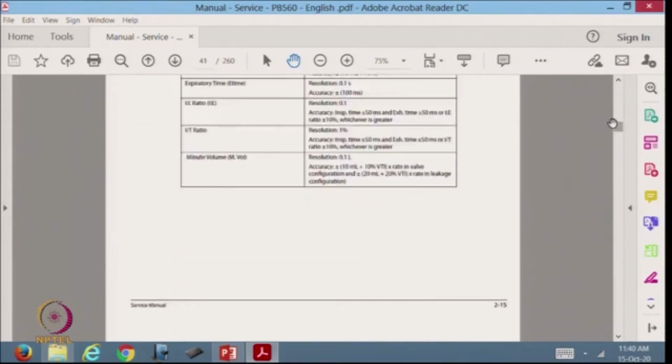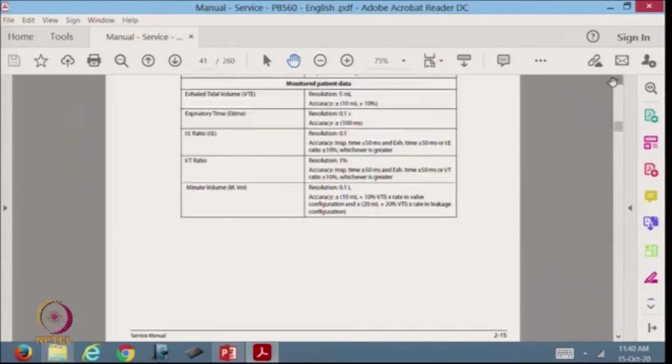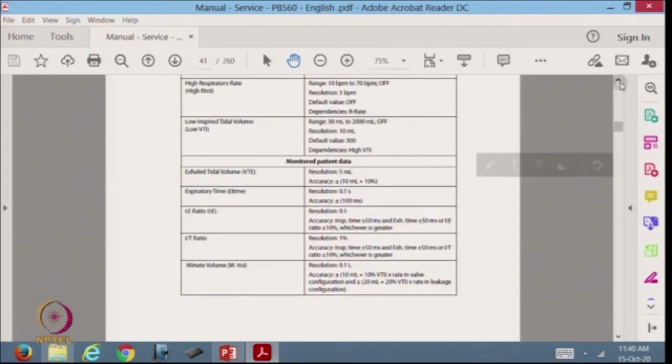Then there are various things about how much time it takes for inspiration and expiration, all of that is given there. And then here is monitored patient data: exhaled tidal volume, resolution is 5 milliliters, accuracy plus minus 10 milliliters plus 10%. Now, what does this mean? We will come to this later on when we look at instruments and how to characterize them.